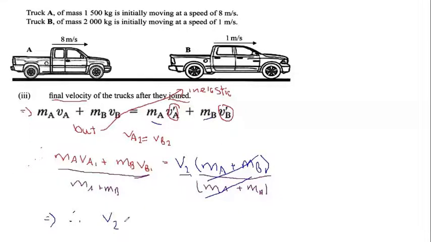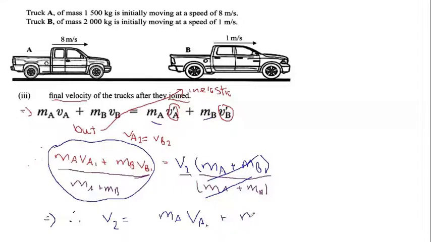So if you're finding the final velocity, your formula is V2 is equal to all of this right here. So MA VA1 plus MB VB1 all over MA plus MB.